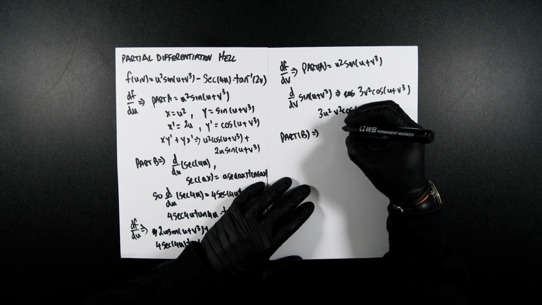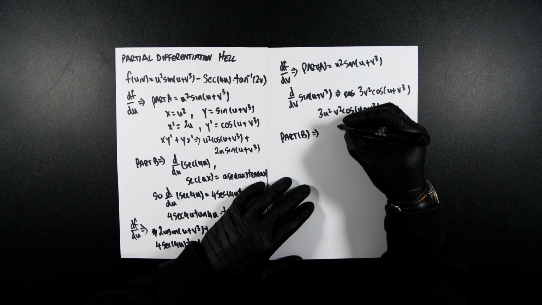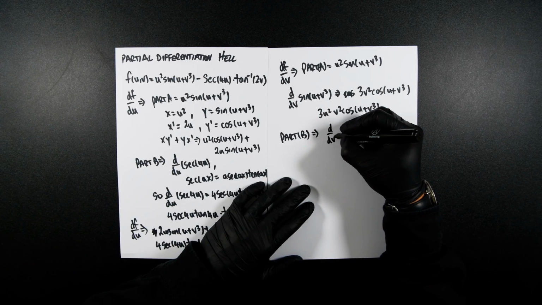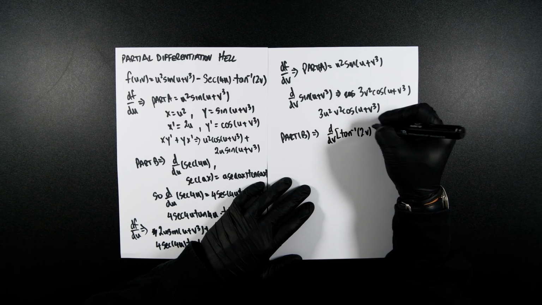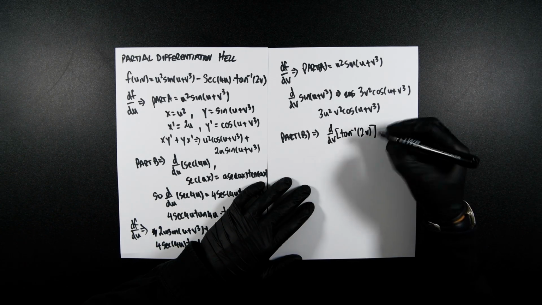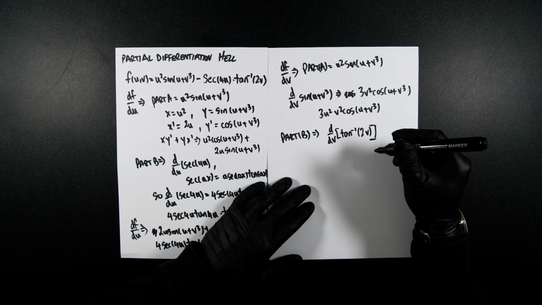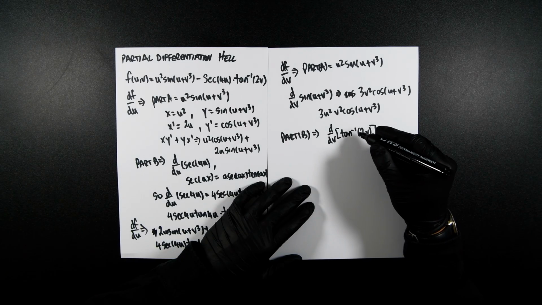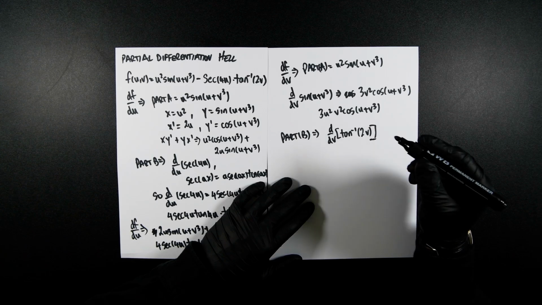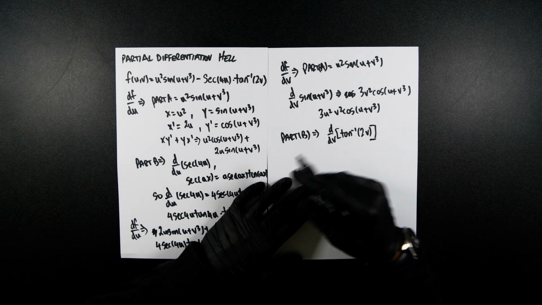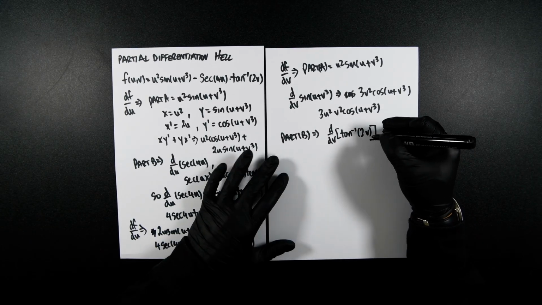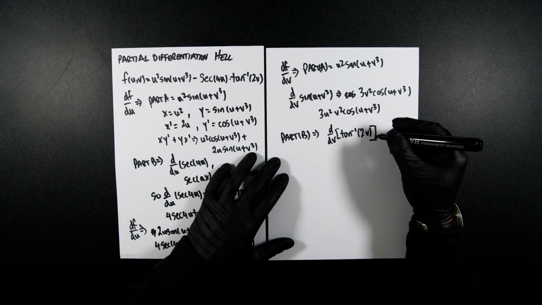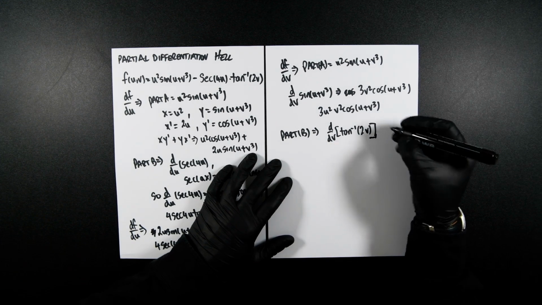So we'll just ignore sec 4u, and that means d/dv of tan minus 1 2v. I have a whole video on differentiating and integrating inverse trig functions for sine, cos, and tan, the inverse of all three, differentiating and integrating individual videos. If you want to know how to do this step by step, please watch that video.